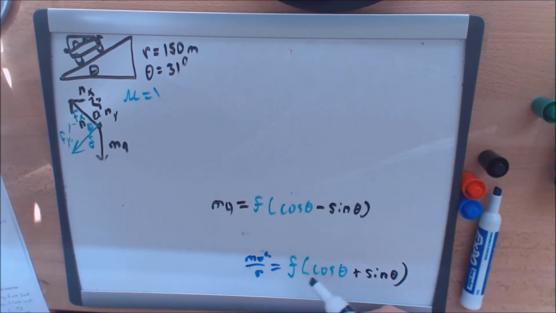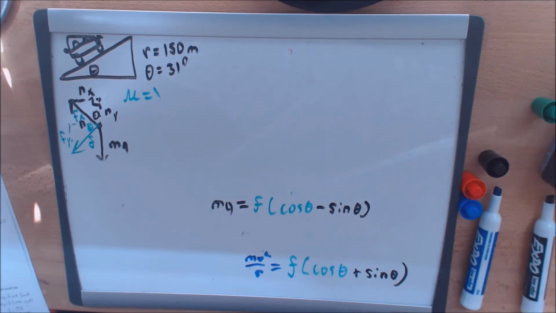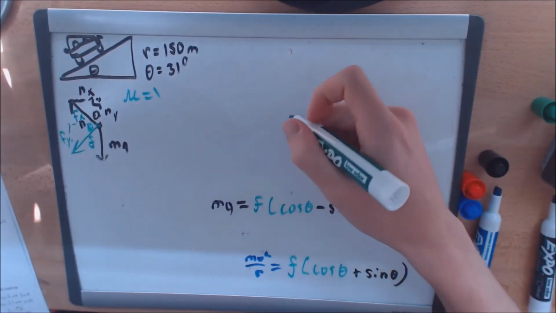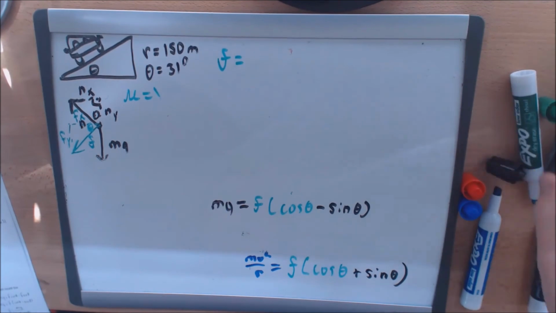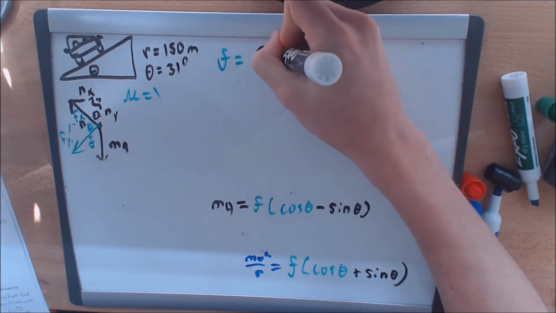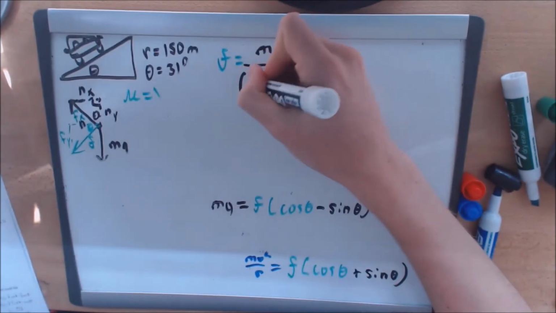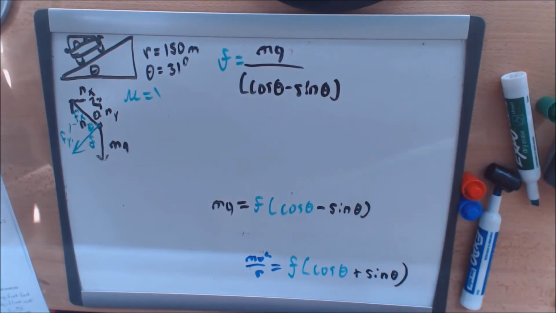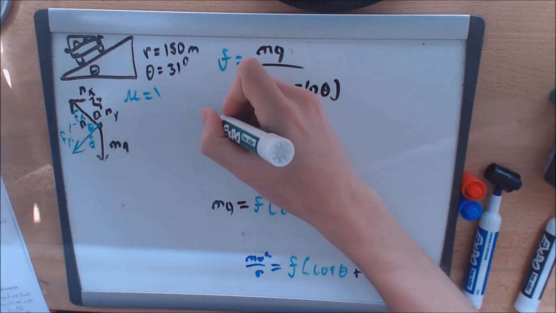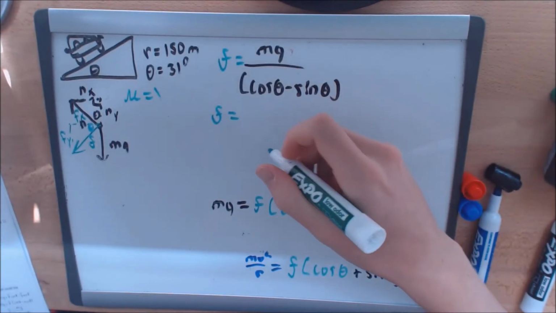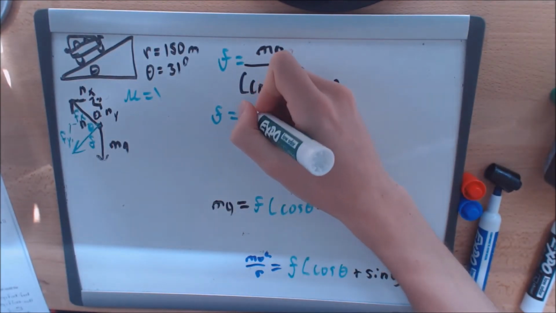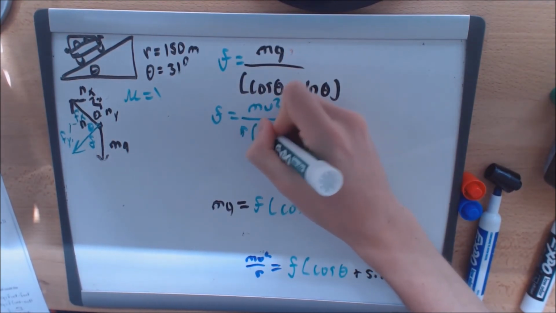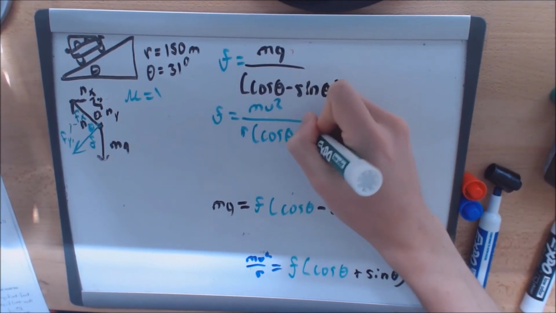If we solve for F here, we end up with F equal to mg divided by cosine theta minus sine theta. And if we solve for F down here, we get F equal to mv squared over r, divided by cosine theta plus sine theta.